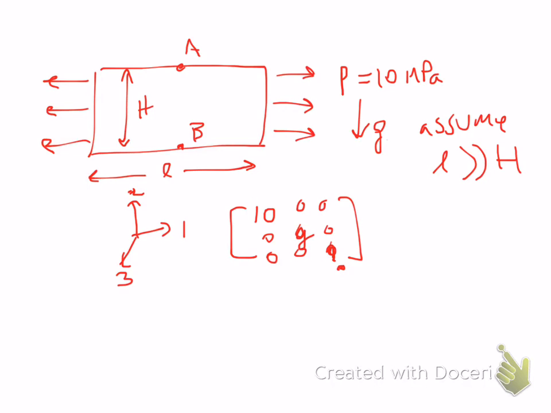Sorry, that's an acceleration, not a stress. Maybe you guys also have to think about gravity, so maybe you could jump in and help. Well, we assume that L is really long, right?